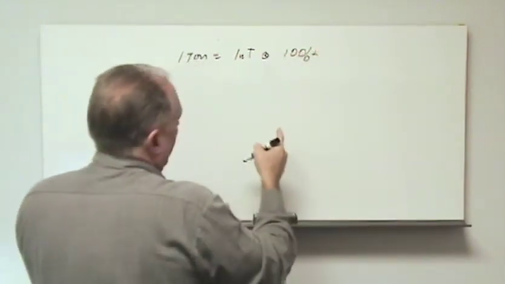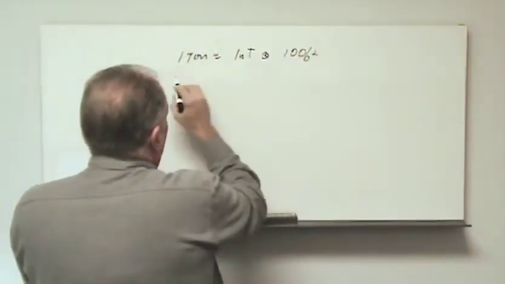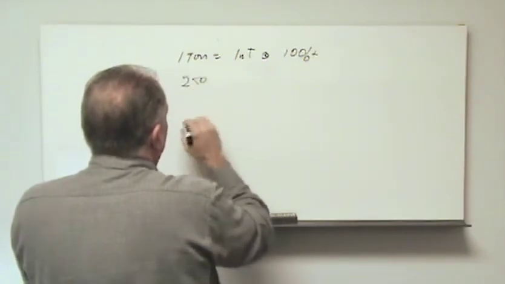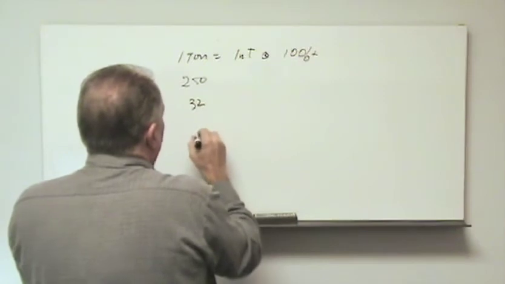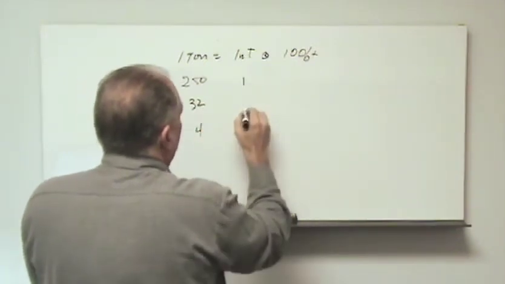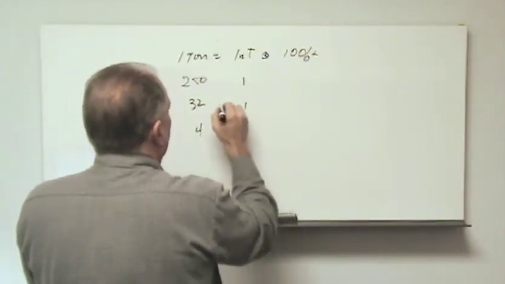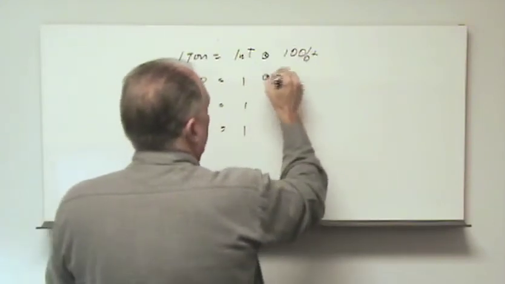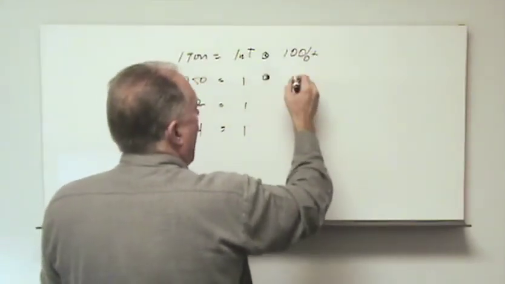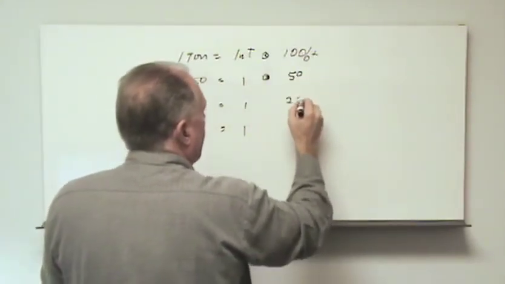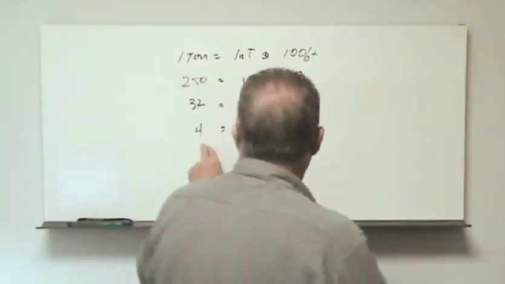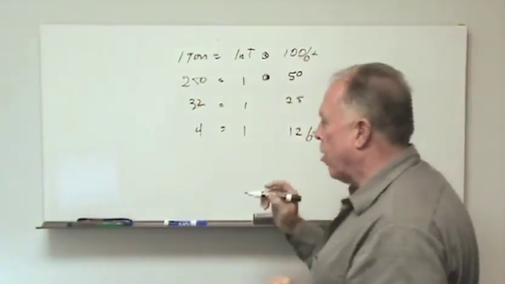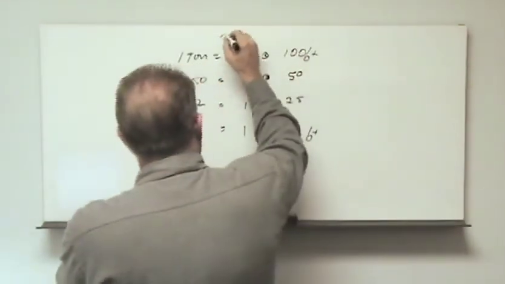But that we have some multipliers. We could take this down to 250 pounds. We could take this down to 32 pounds. We could take this down to 4 pounds. 1 nanotesla, 1 nanotesla, 1 nanotesla. And these distances would halve. So 50 feet, 25 feet, 12 feet.